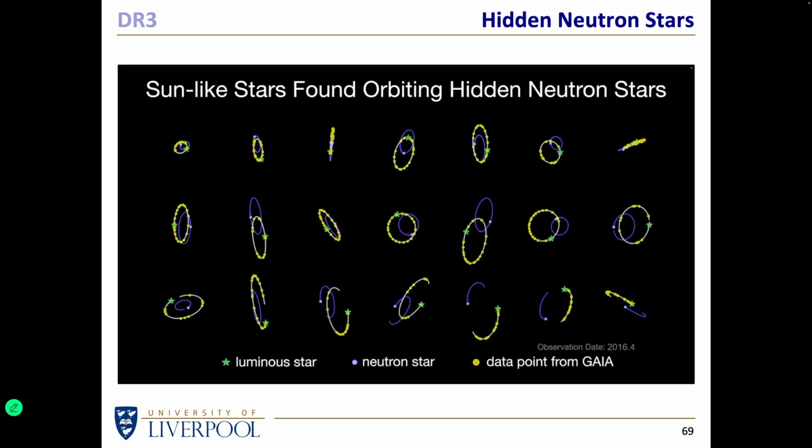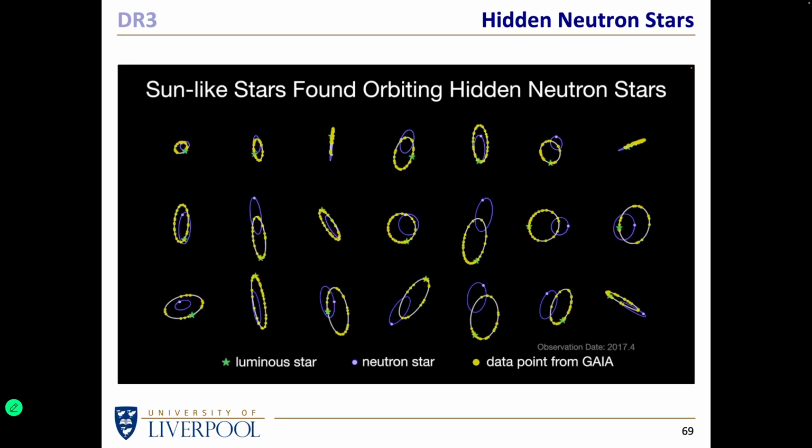That small object was not massive enough to be a black hole, but is thought to be very probably a neutron star, massive but not luminous. And so we have found stars that we can easily see that appear to be orbiting around hidden neutron stars. And we found 20 or so of them, so that must mean there's an awful lot of them out there.